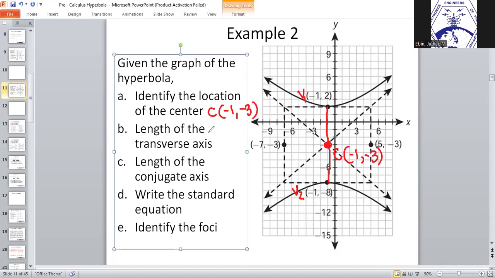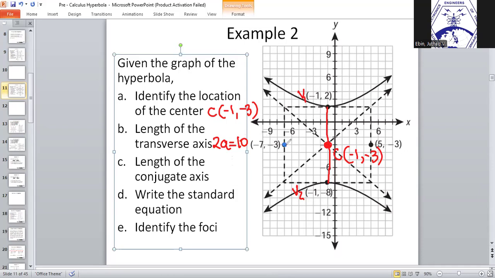Letter B. To find the length of the transverse axis, again, bilangin lang natin ito from vertex 1 to vertex 2. So 1, 2, 3, 4, 5, 6, 7, 8, 9, 10. So yung transverse axis natin is 10. Yung ating conjugate axis naman sa letter C, ganun din. Yung conjugate axis naman natin ay magiging horizontal.